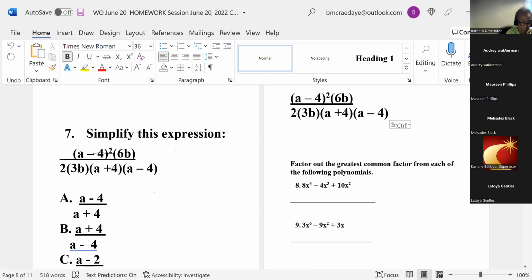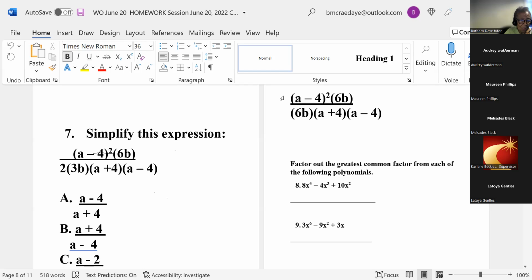So let's just put here 6, in parentheses, 6b. Now when we multiply 2 times 3b, we get 6b. So you see 6b in the numerator and 6b in the denominator. So that gives you a 1.